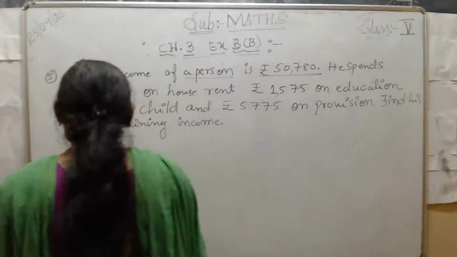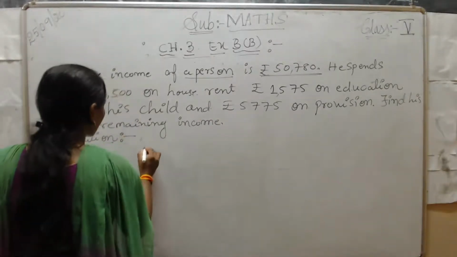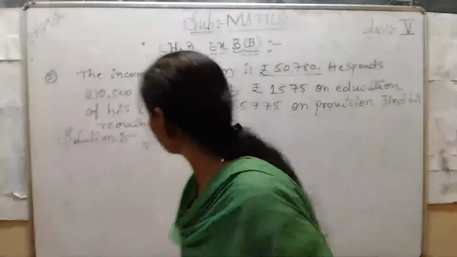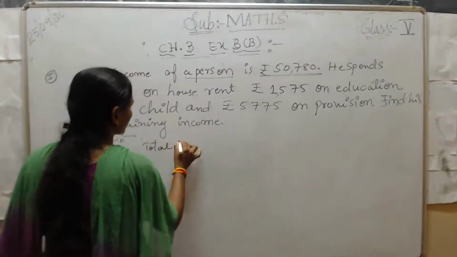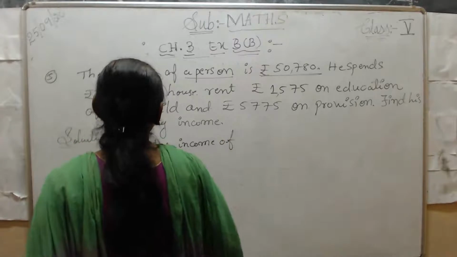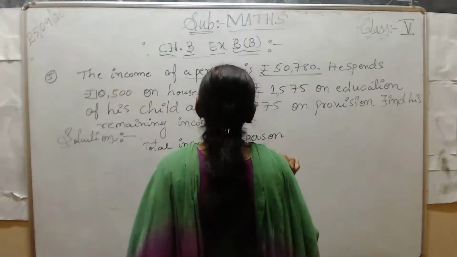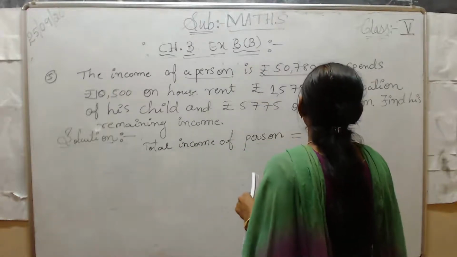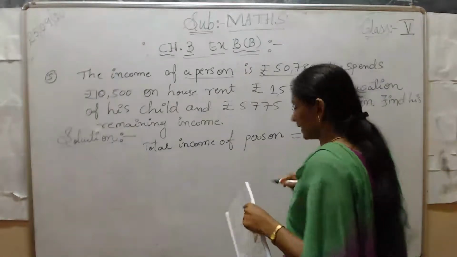First, the total income of the person is 50,780.